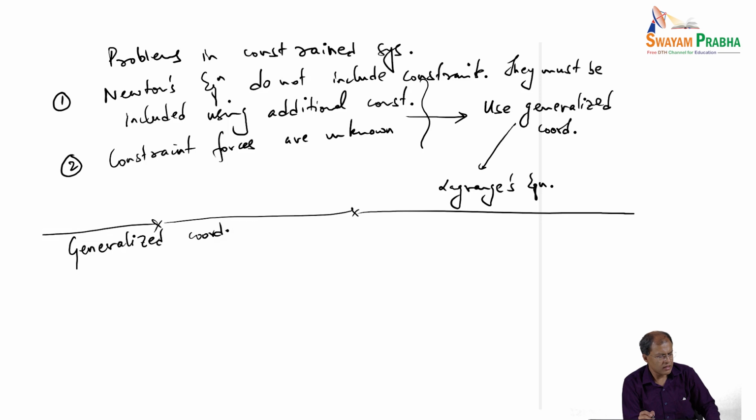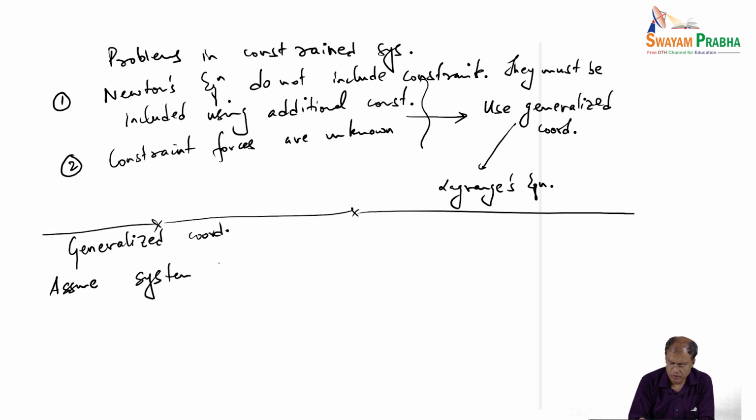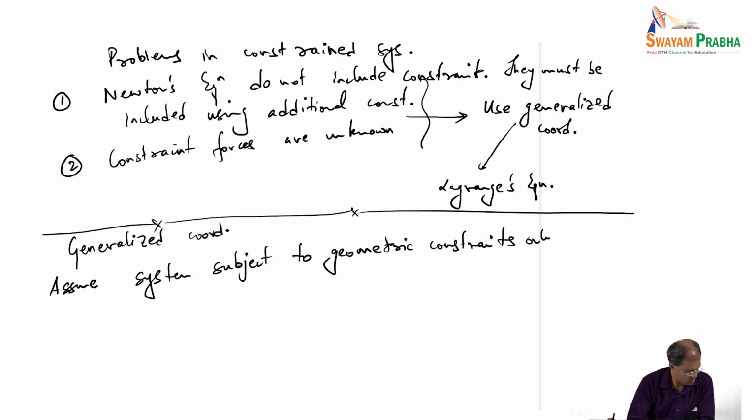First of all, we can assume that the system only depends on geometric constraints. Why? Because solving constrained motion using geometric constraints is far easier than those involving kinematic constraints. So we are assuming the system is subject to geometric constraints only.